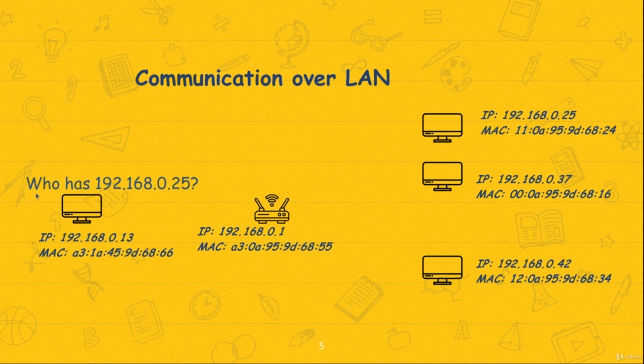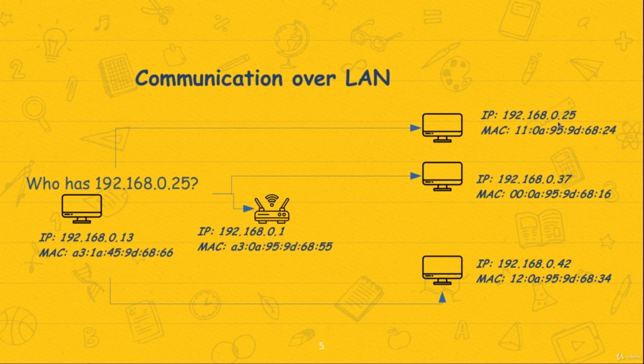What this request does is basically send out an IP address to everyone, or broadcast this IP to every device in the network. So this packet goes here, here, here, and here. Every device receives the address. This is called broadcasting.